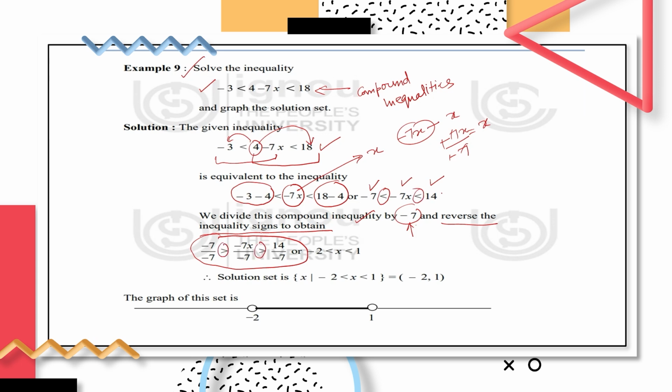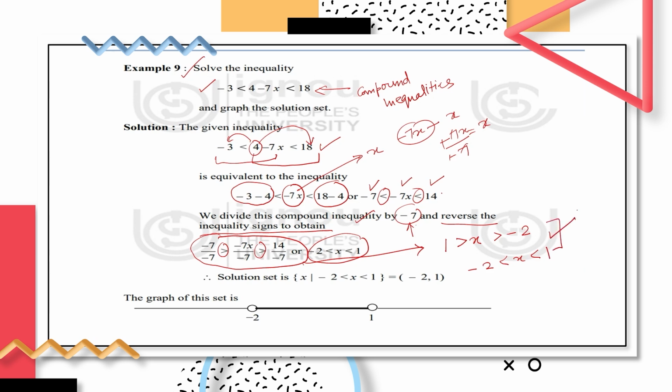So, that means this turns out to be 1 greater than x greater than minus 2, which is written over here in a different form. Likewise, minus 2 is less than x less than 1, which are both the same thing.